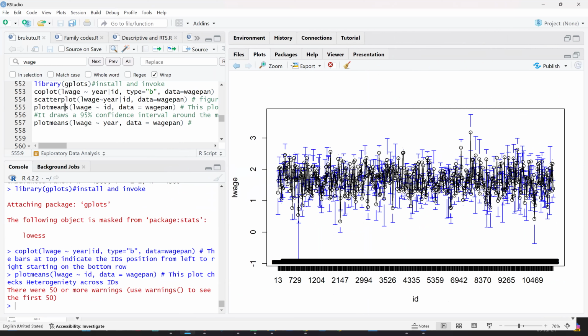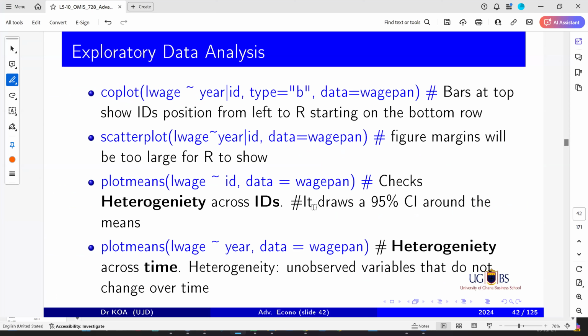Good. So remember, this is a data set of lots of observations. When you look at this, it draws a 95% confidence interval around the mean, and it tells you whether the data exhibits a lot of heterogeneity or not.